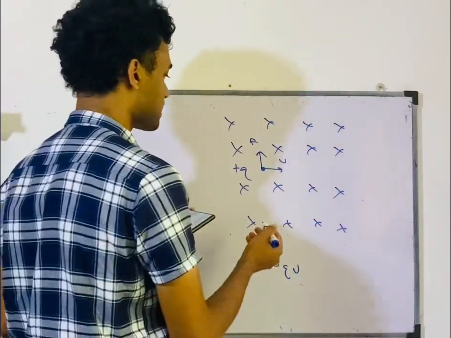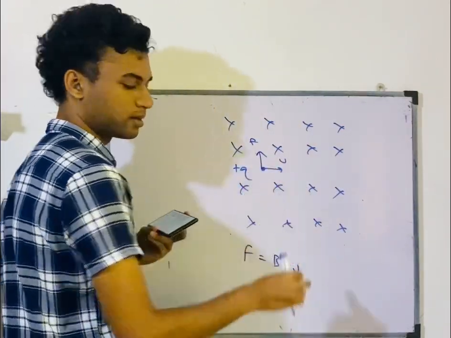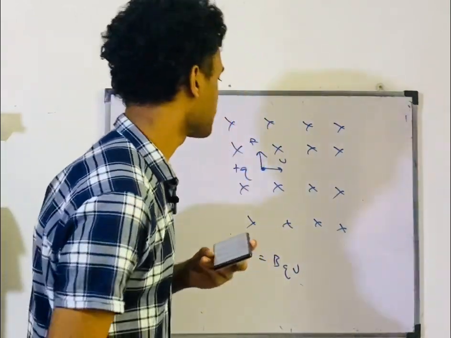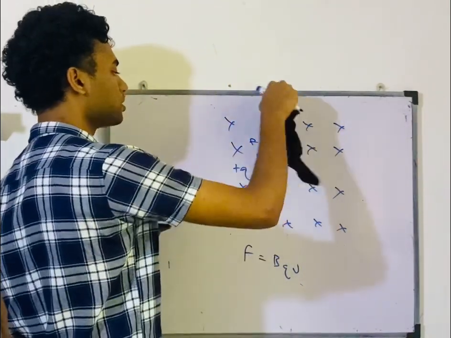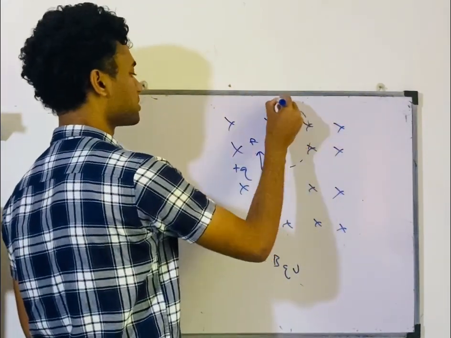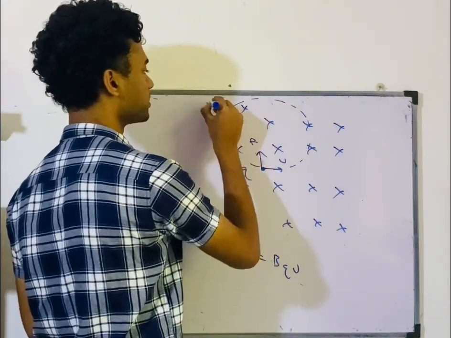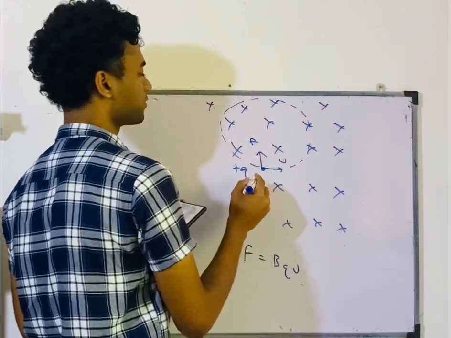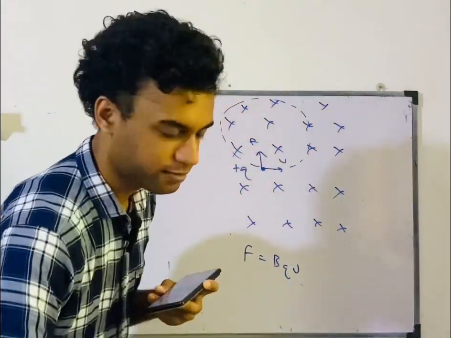Now, look at this. You can see that it can go along a circular path. But then the magnetic field should be there throughout. Magnetic field is there throughout. I'll draw a better diagram for you to see.